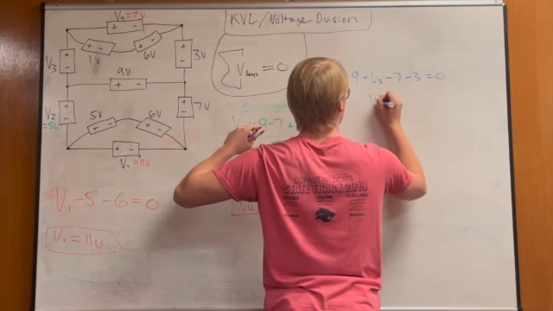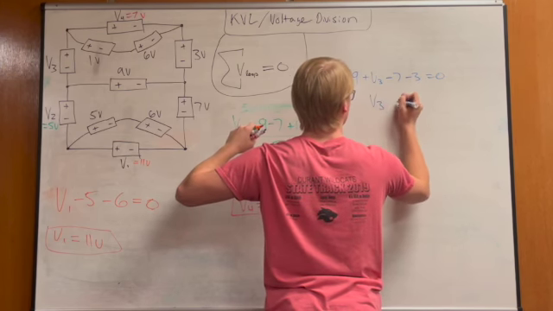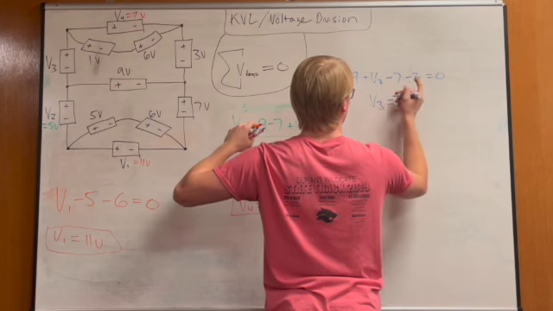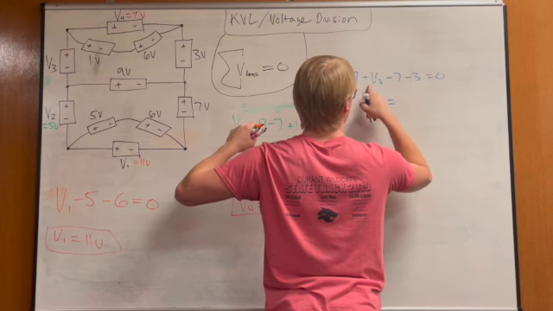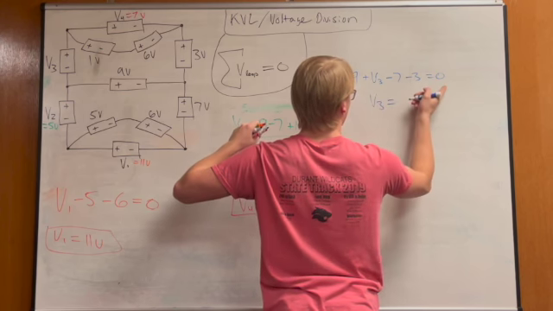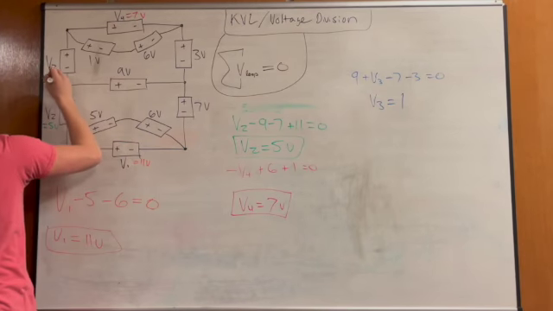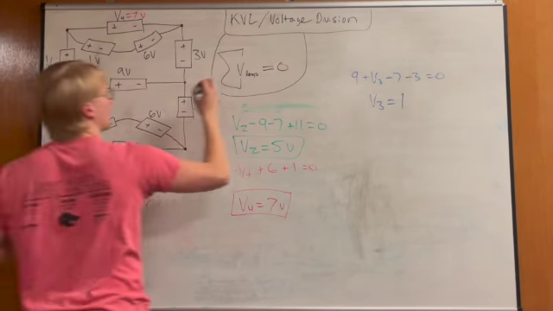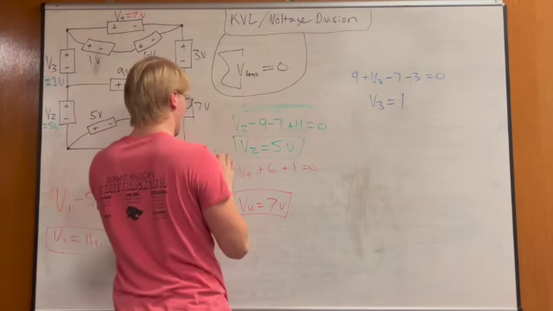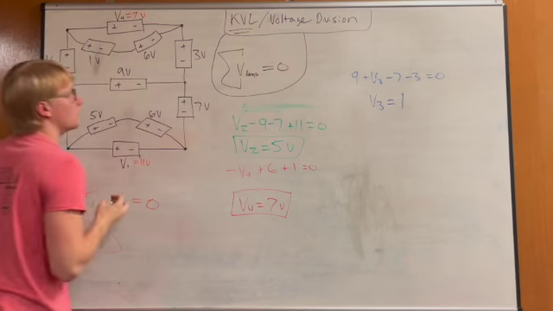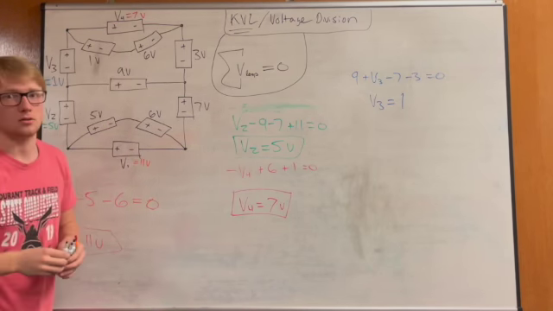Our V3 is going to be 1, because it'll be negative 1 plus V3 equals 0. So that right there is the KVL version of KVL and voltage division.